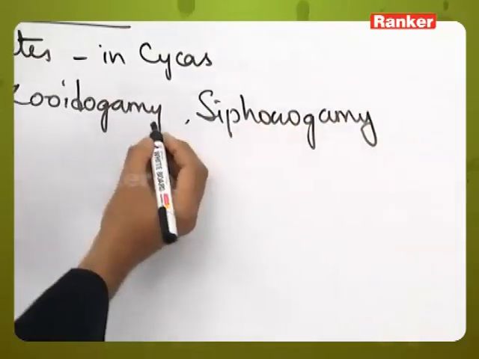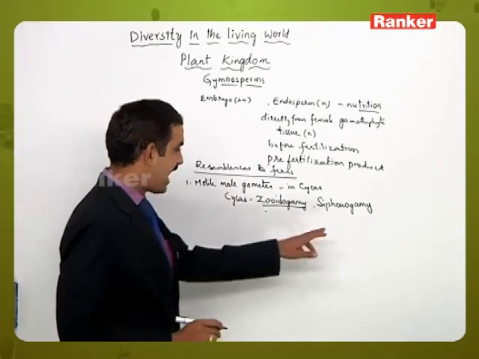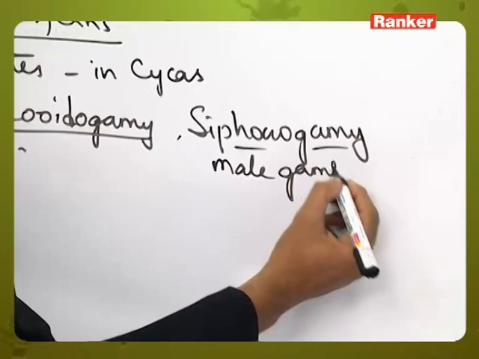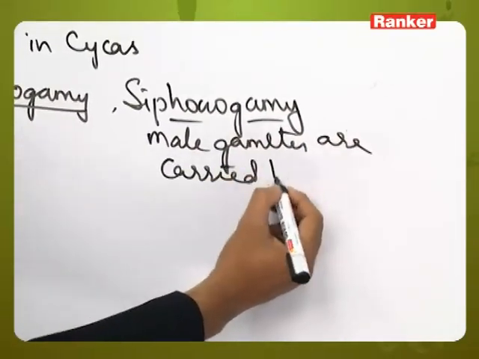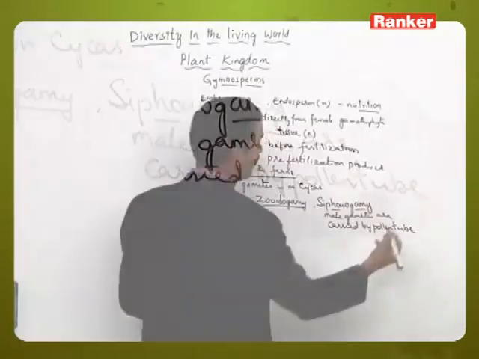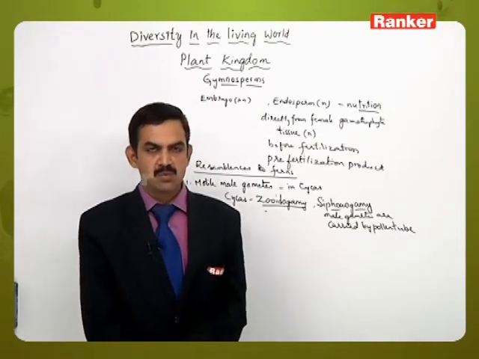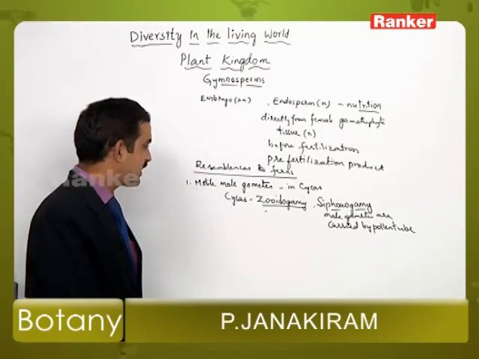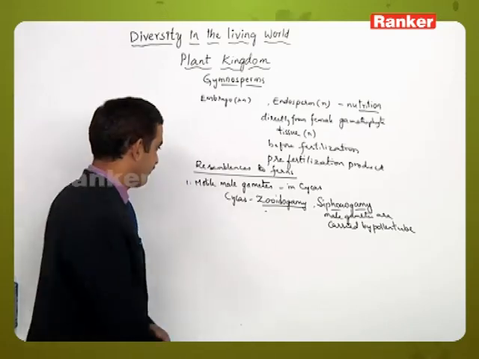siphonogamy is present. Zoidogamy means if the male gametes are motile, we call it zoidogamy, and siphonogamy means if the male gametes are carried by the pollen tube, we call it the siphonogamous condition. Majority of the gymnosperms are siphonogamous, but the exceptional case is cycas, which is both zoidogamous and also siphonogamous in its nature.